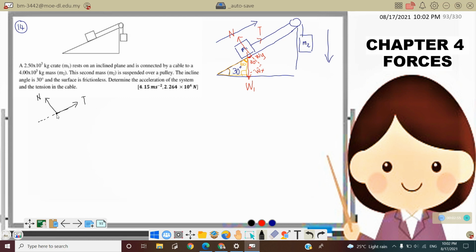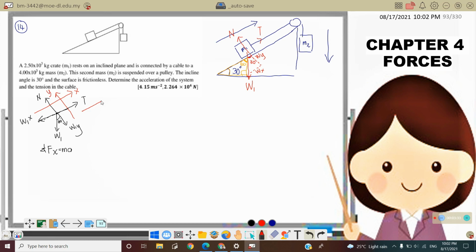Our weight 1 is acting downward, but we can resolve it into weight 1 y component and also weight 1 x component, and the angle is 30 degrees. So for M1 we can resolve it into x and y components, where x component equals to MA. This is your x component, and this is your y component.